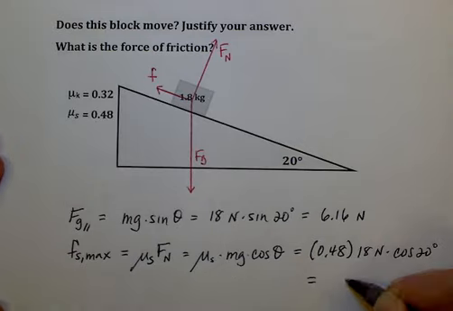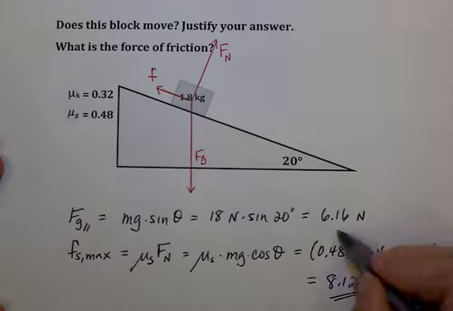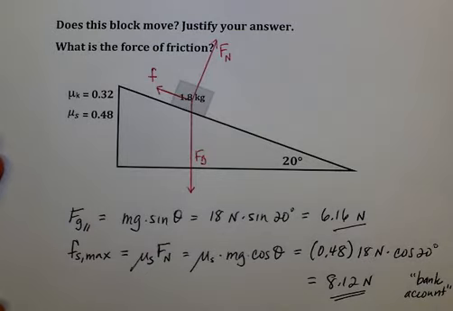That value comes out to be 8.12 newtons. Now again, this is the maximum value possible. It's kind of like this is your bank account. It's like you have $8.12 in your bank account, and someone's asking you to pay enough to keep the object in place. And the cost is this right here, 6.16.